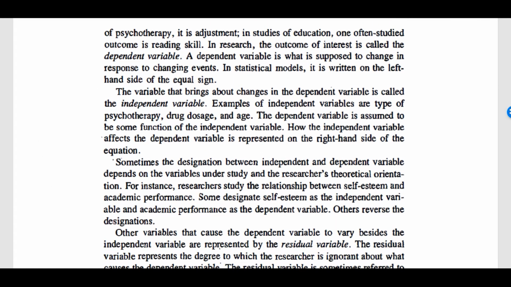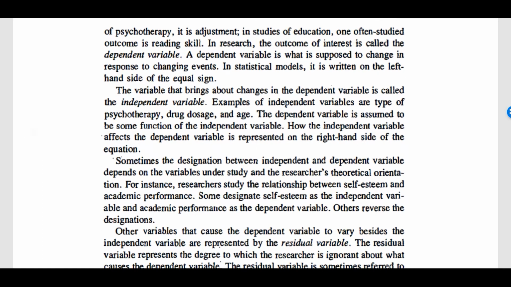Now, the variable that brings about change in the dependent variable is called the independent variable. Examples of independent variables are type of psychotherapy, drug dosage, and age. The dependent variable is assumed to be some function of the independent variable. How the independent variable affects the dependent variable is represented on the right-hand side of the equation, which we'll see a little further down.